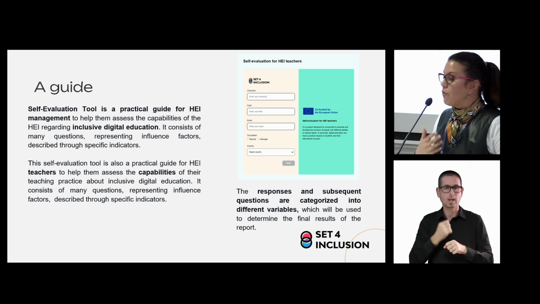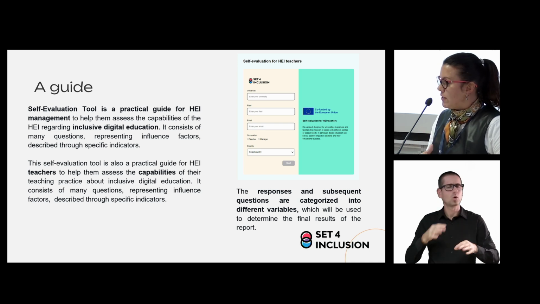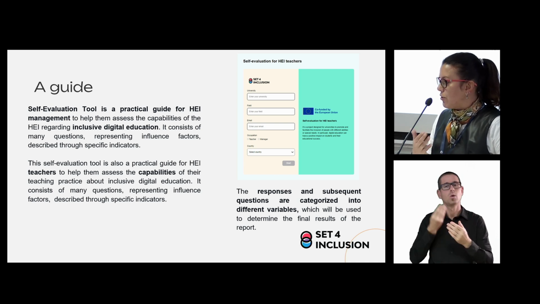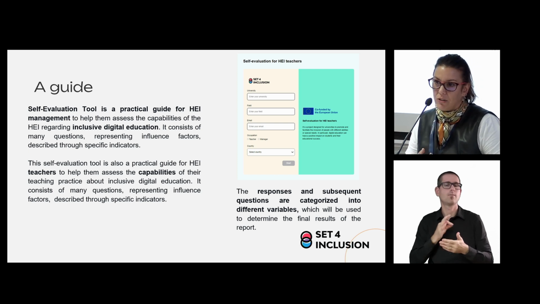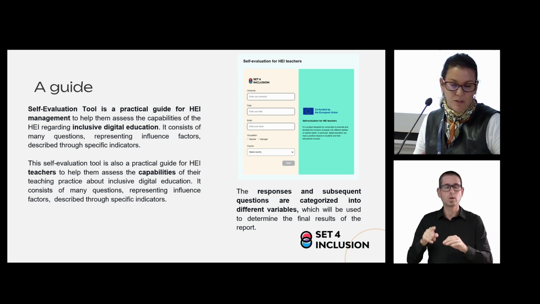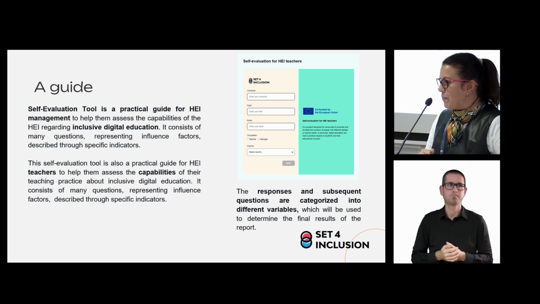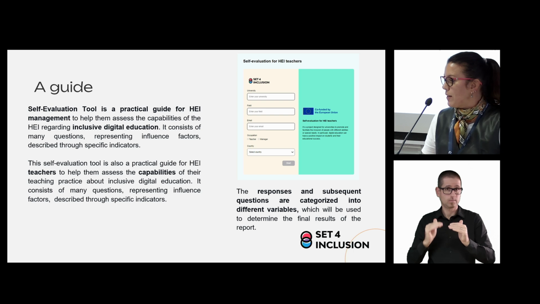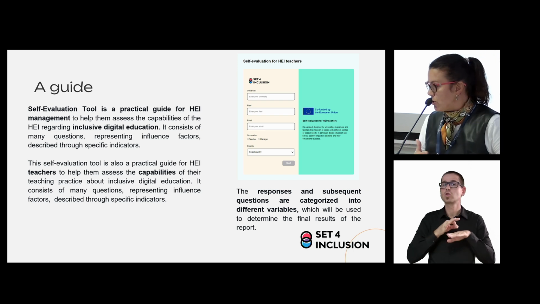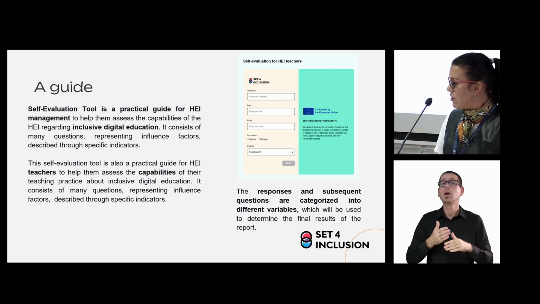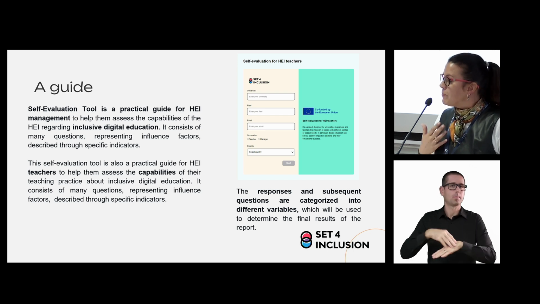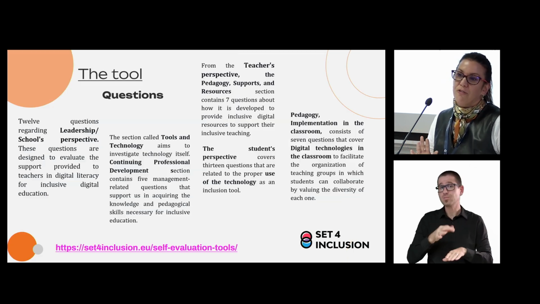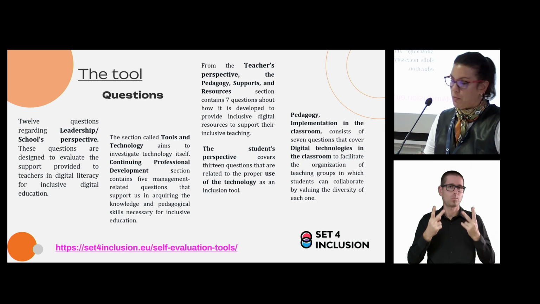It consists of many questions representing the influence factors described through the specific indicators that we already presented before, thanks to Maya. And this self-evaluation tool is also a practical guide for teachers to assess the capabilities of their teaching practices. So it is a guide. It is the first and most important word in this presentation.